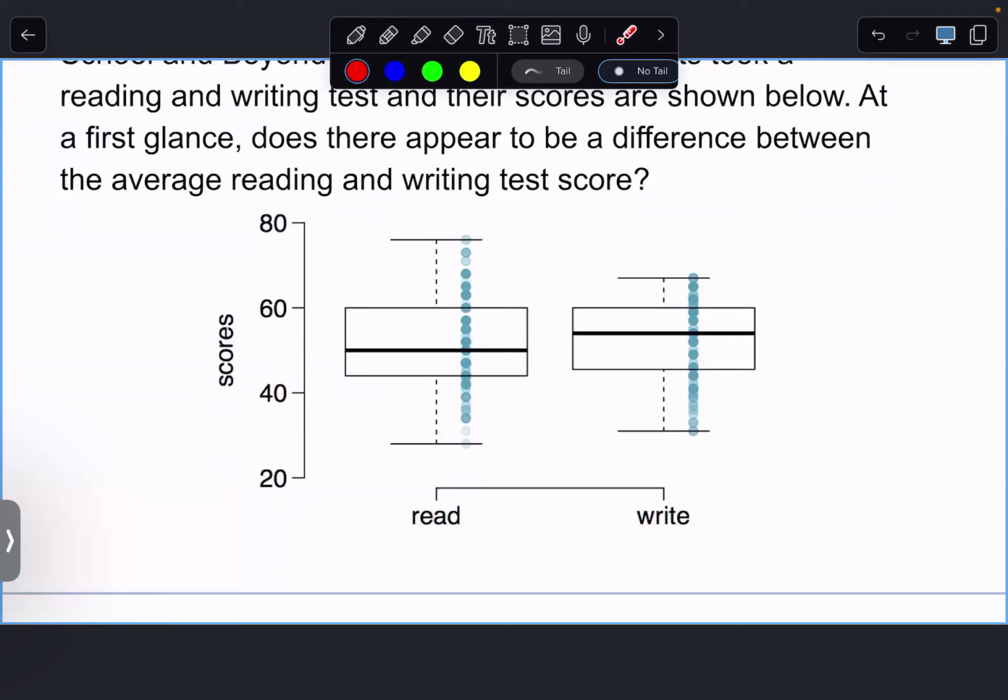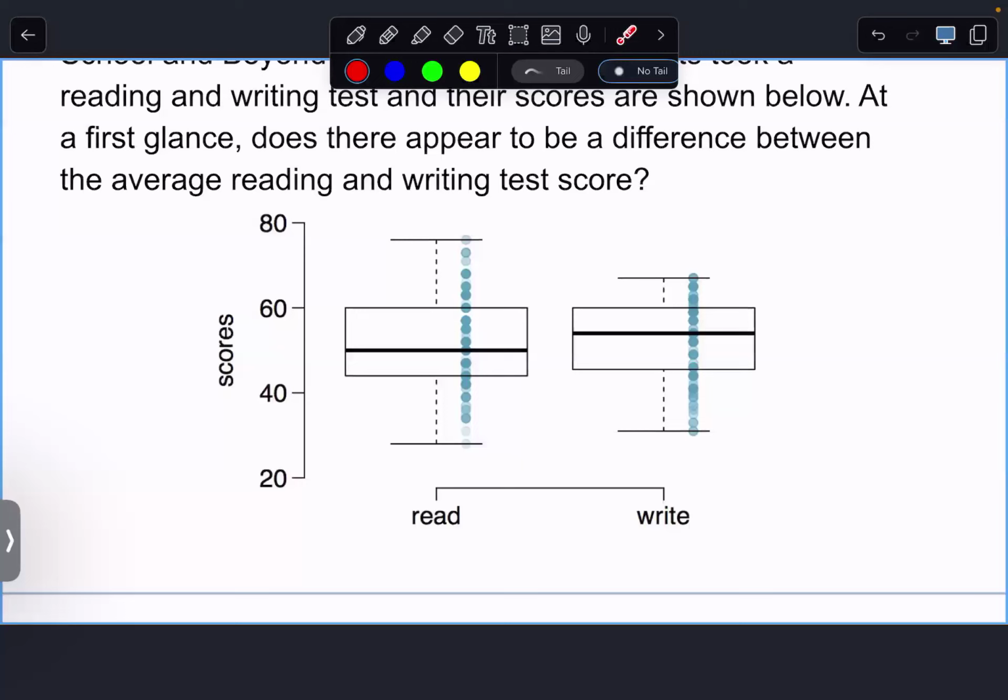Here, we're not used to seeing this, but I would say generally not really. There's more variability in the reading scores. The writing scores tend to be more condensed and slightly higher median. But there's still a lot of overlap. And so that's what we're going to compare.